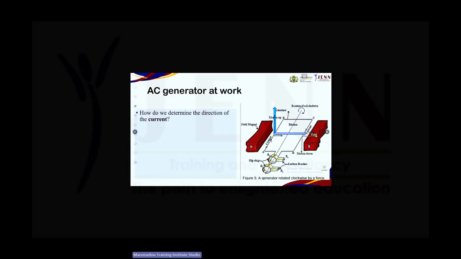Take your books and your revision booklets as well, and go and practice. Look at each of the pictures that you see and practice the direction of your current or the direction of your force, and then look at the direction of your magnetic field as well.